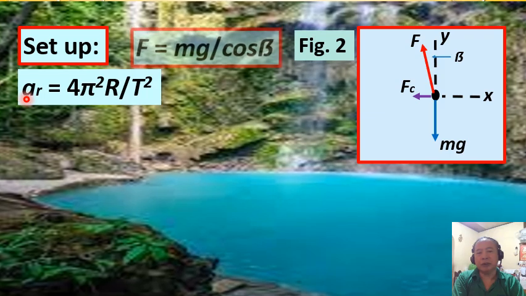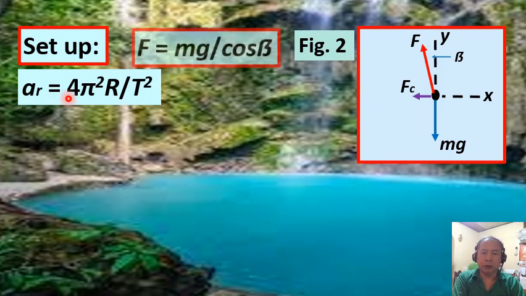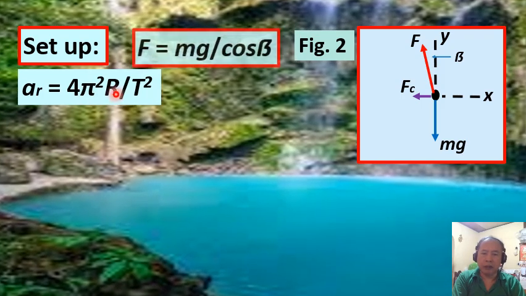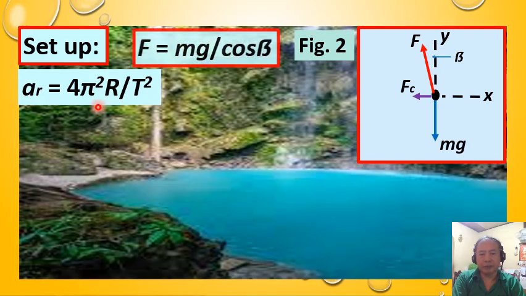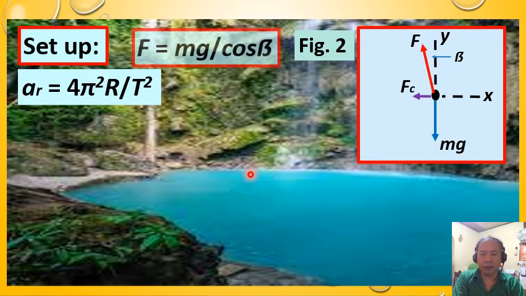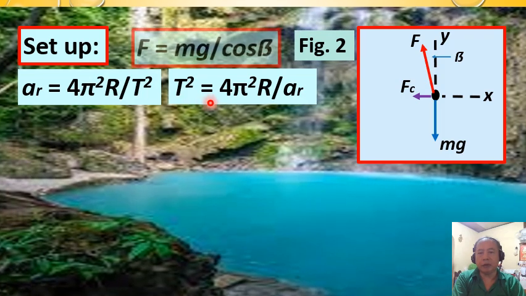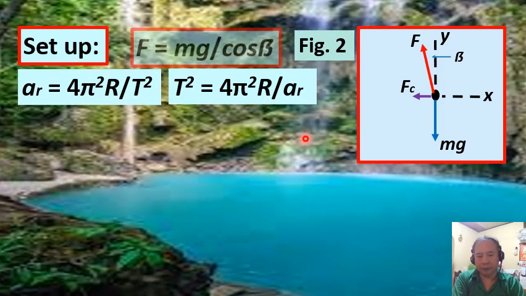So the acceleration a sub r is just equal to 4 pi squared times the radius big R divided by the square of the period capital T, from which we can isolate T squared and get T squared equals 4 pi squared times big R divided by a sub r.